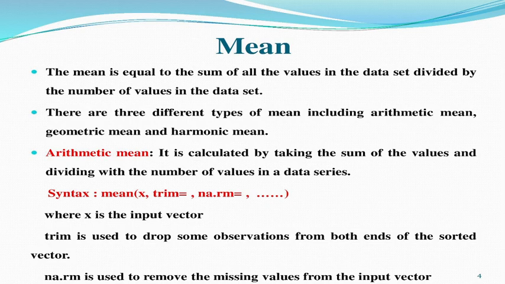The syntax for calculating mean is mean(x, trim=, na.rm=), where x is the input vector, trim is used to drop some observations from both ends of the sorted vector, na.rm is used to remove the missing values from the input vector.